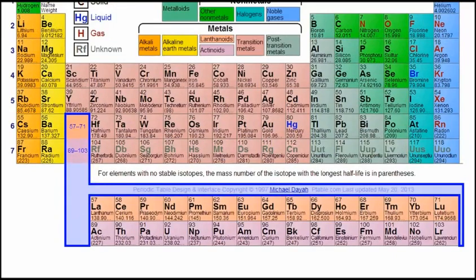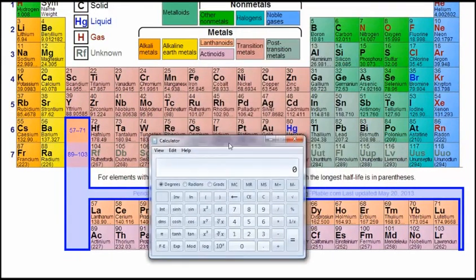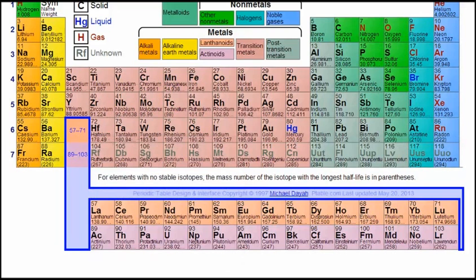Let's scroll back up there, and now we've got to bring our calculator back. So aluminum oxide is 2 aluminums and 3 oxygens. So we have, in parentheses, 2 times aluminum, which is 26.98.